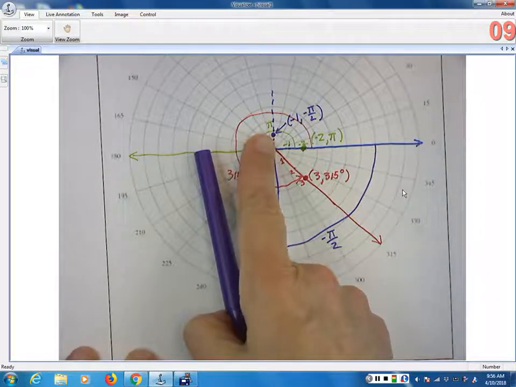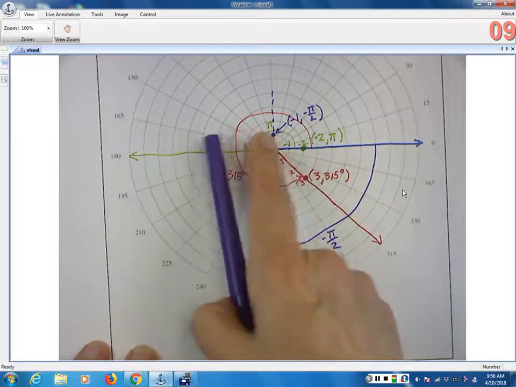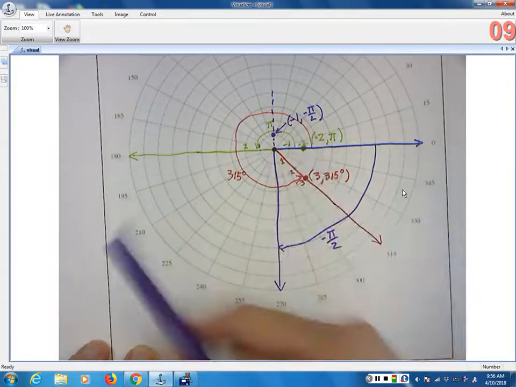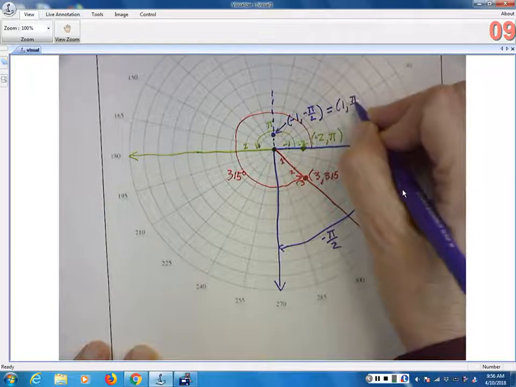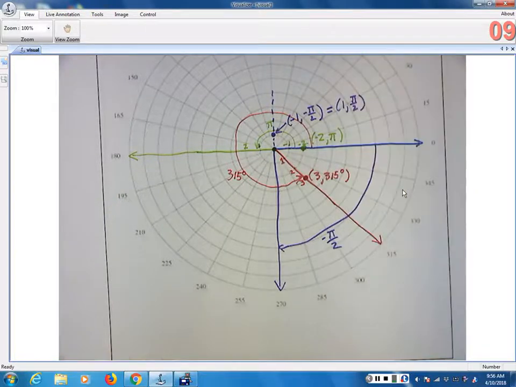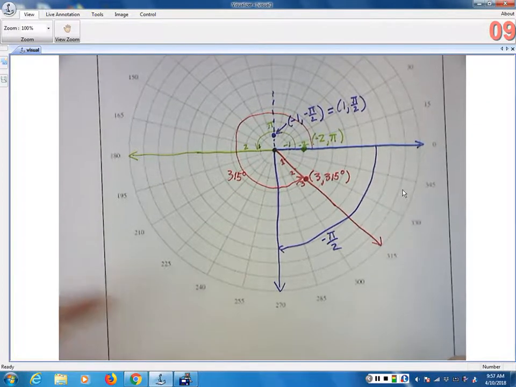This point would be easier to denote as 1 comma pi over 2. That's what happens when you have negatives. Okay? And then there's one more example, I think.